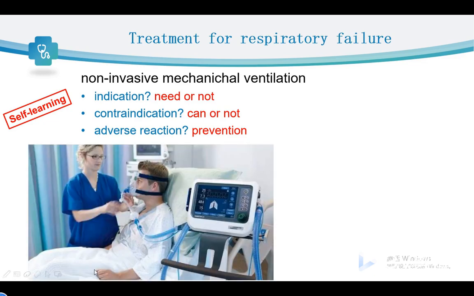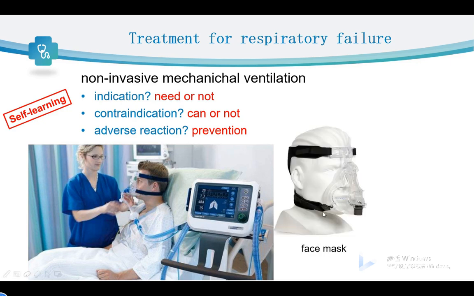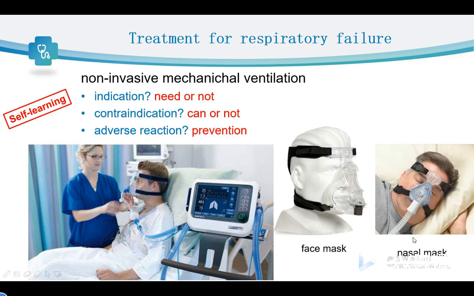This picture shows a non-invasive mechanical ventilation, and this is the ventilator. And there are two kinds of the mask. One is the face mask, with the mask cover the mouth and nose together. Another one is the nasal mask, only cover the nose of the patient.